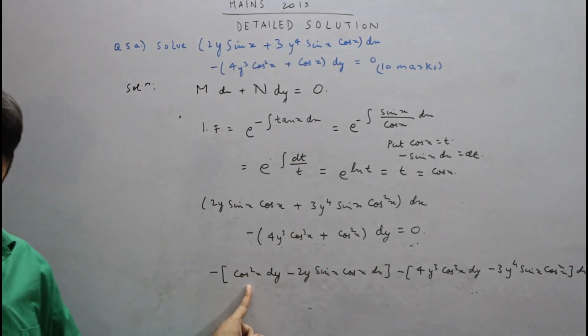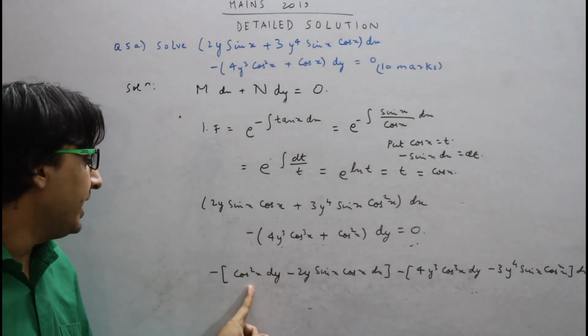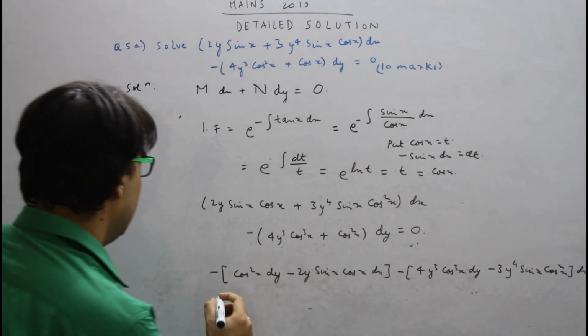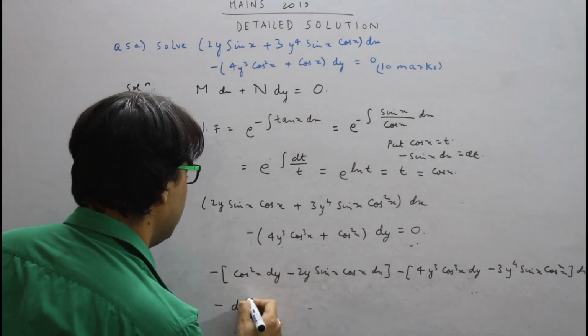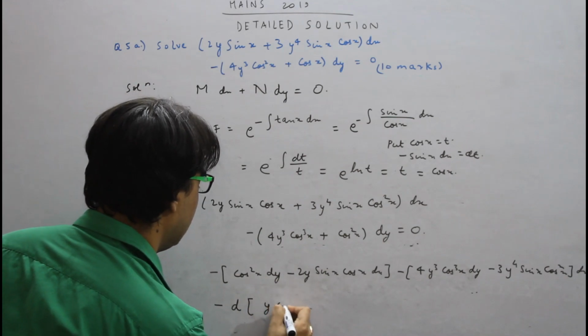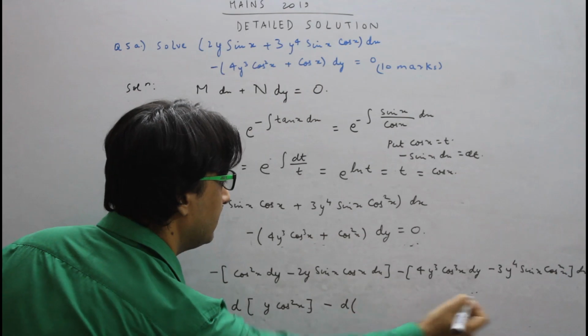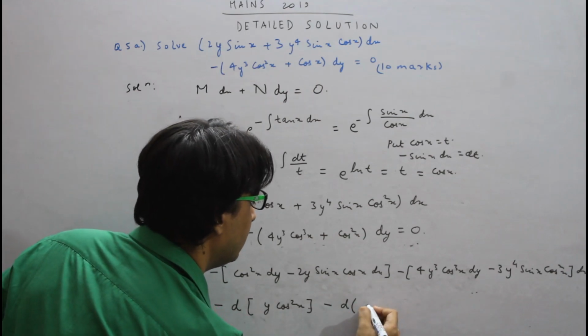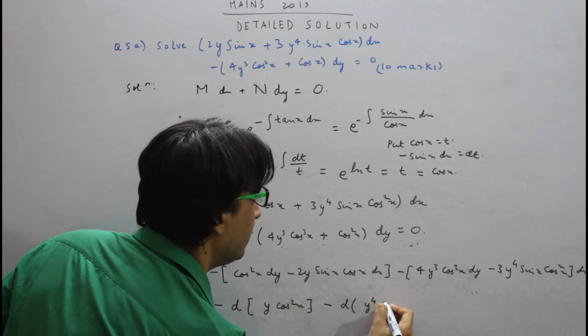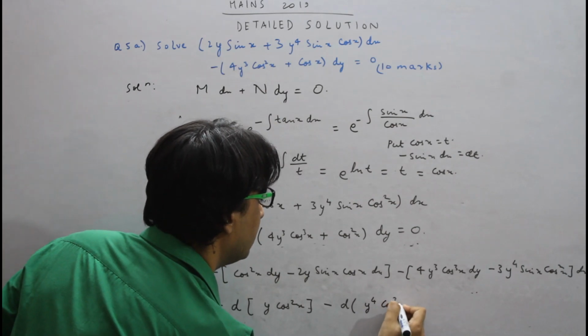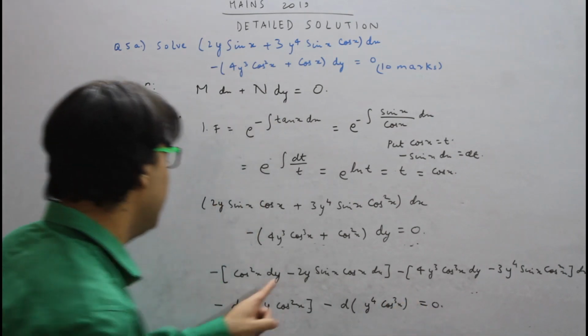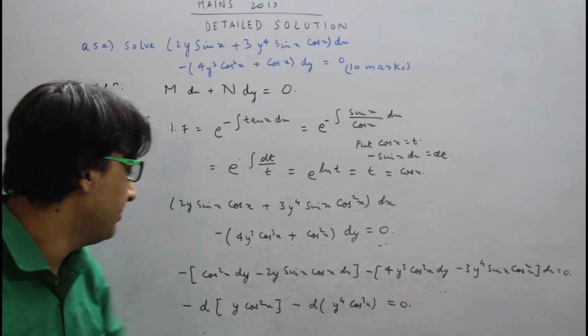Okay, so this has become the exact form, and we can write it as derivative of y cos square of x minus of d of y to the power 4 and cos cube of x, because we have arranged it in terms of exact form.